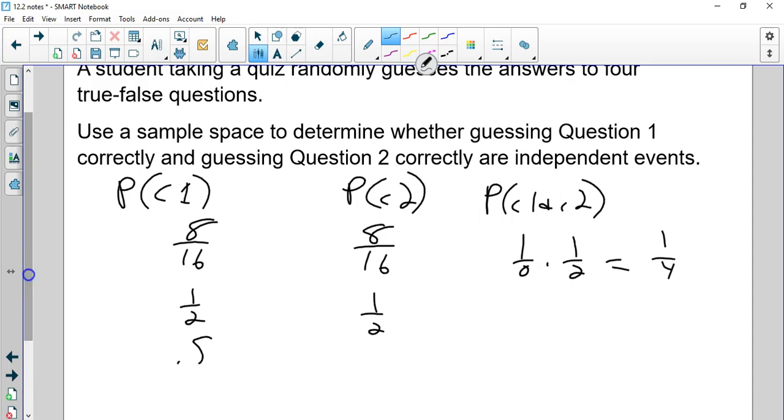Or if you did 0.5 times 0.5, you get 0.25, which is 1/4. And also you could write it as 25%. So there's a 25% chance that both happen. And since that's the case, they are independent events.